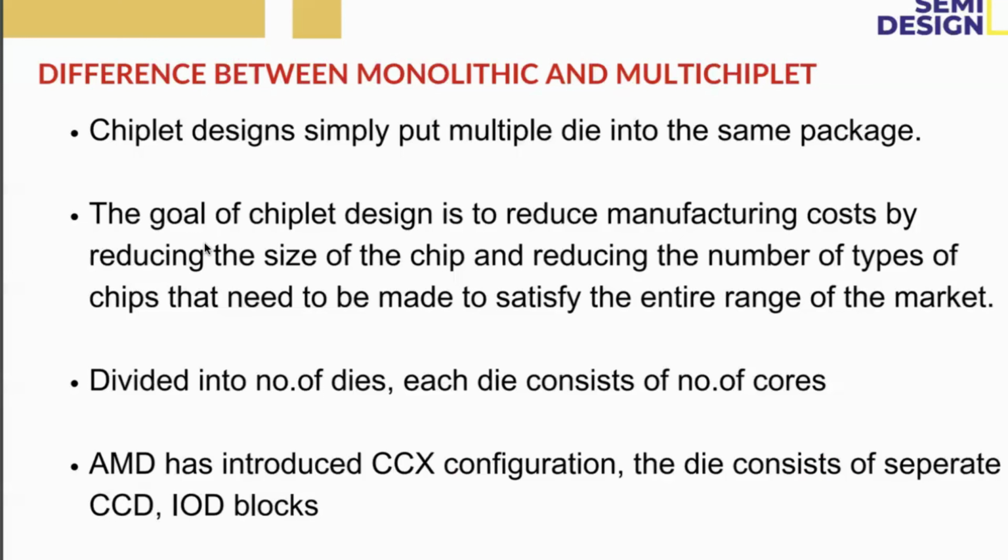Transistor size is very bulky and every component on a single chip occupies more space on a package, so the cost will be more. Whereas with chiplets, we make all components in small chiplets. For the core it is separate, for IO devices it is a separate die. That's why the manufacturing cost is less, it reduces the number of types of chips, and it gets to the market safely and quickly.